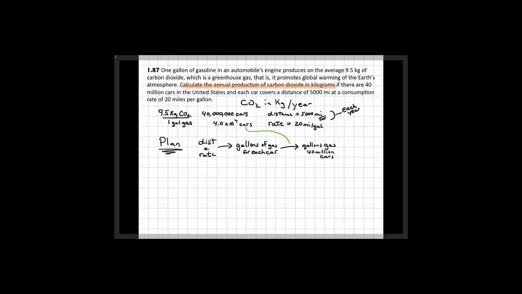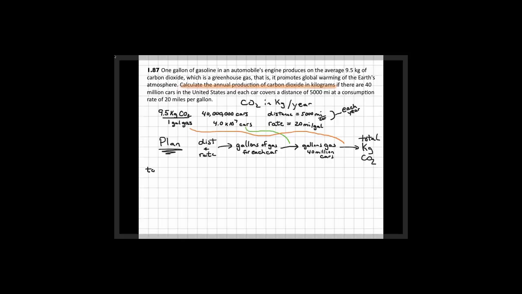And then notice that in the first thing we wrote down, 9.5 kilograms CO2, that's per gallon of gas. So that is a conversion factor for gallons of gas to CO2. So if I want to convert from gallons of gas to CO2, I can use that, and that should give me the total kilograms of CO2 produced. So that's my plan. Now let's execute this.